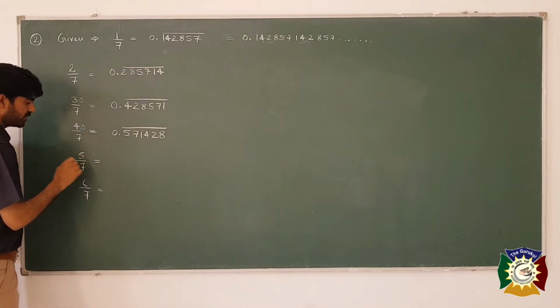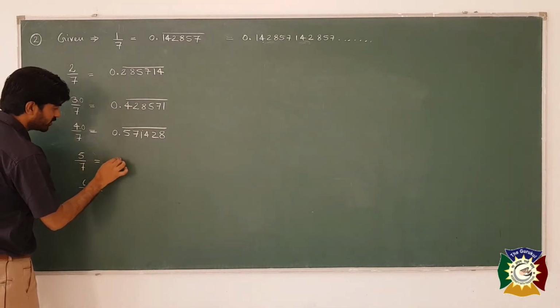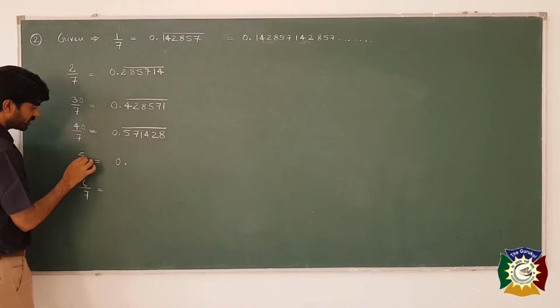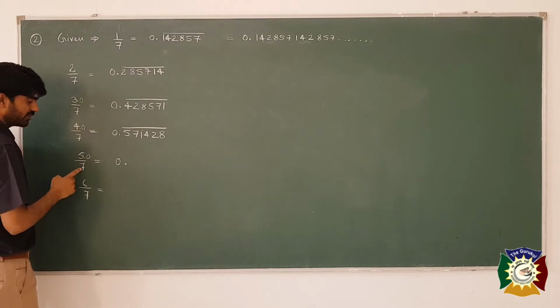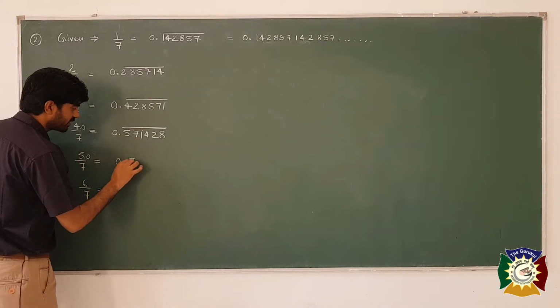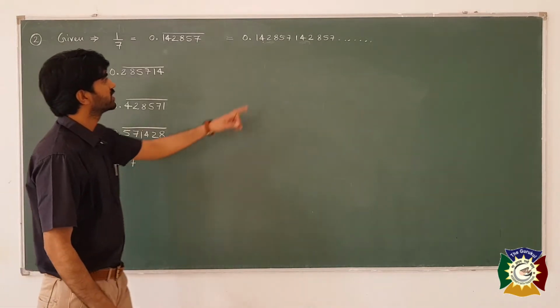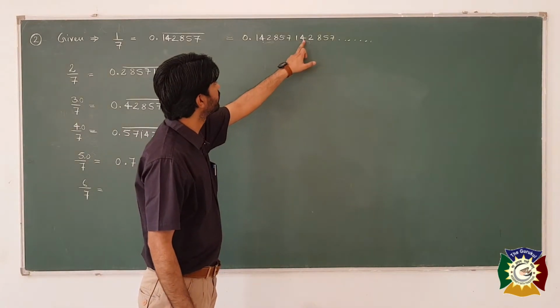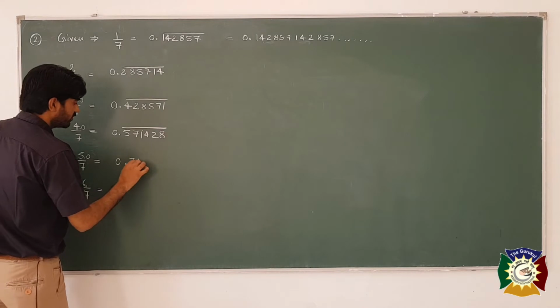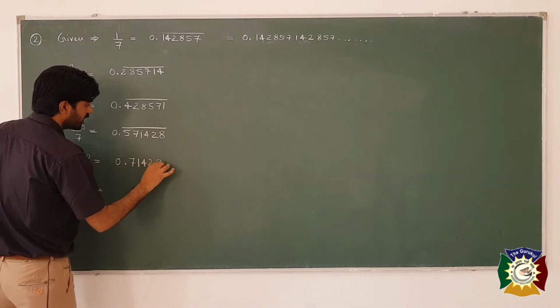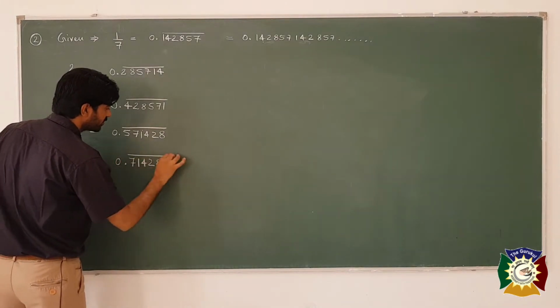Then 5 divided by 7, 0 point. I will put a decimal, it will become 50. First digit will be 7 because 7 7s are 49. So look at 7: 7, 1, 4, 2, 8, 5.